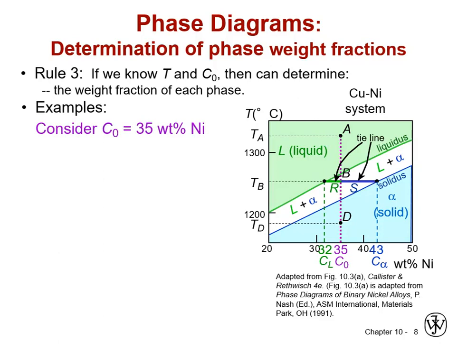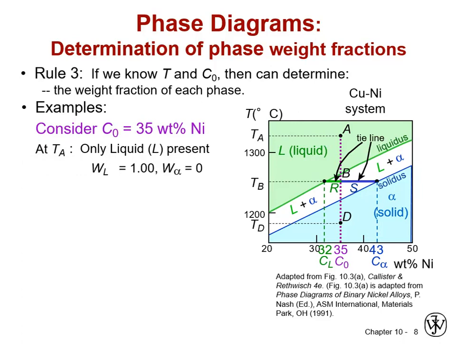But how much liquid is there relative to the amount of solid? Do I have more liquid present, or do I have more solid present? That could be important for processing, whether maybe I'm solidifying quickly enough, or can I move my mold? Well, the tie line can tell us that too.